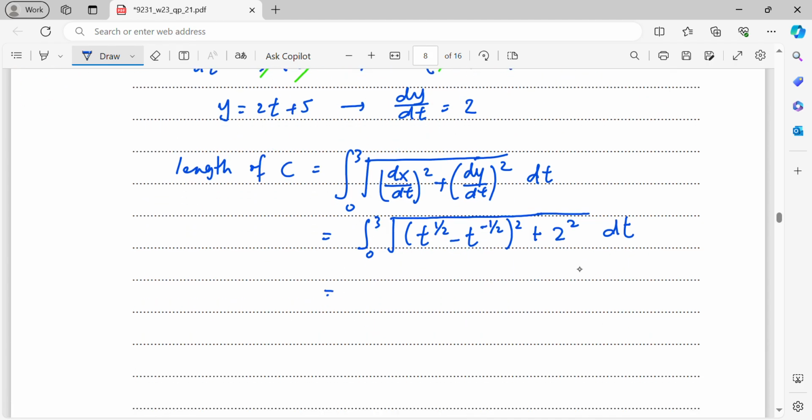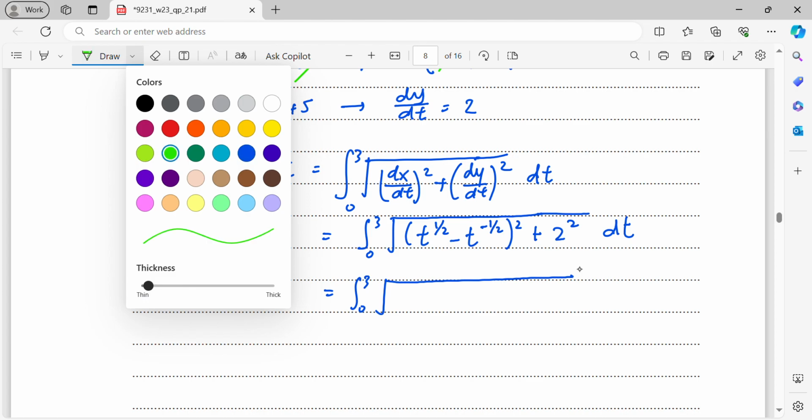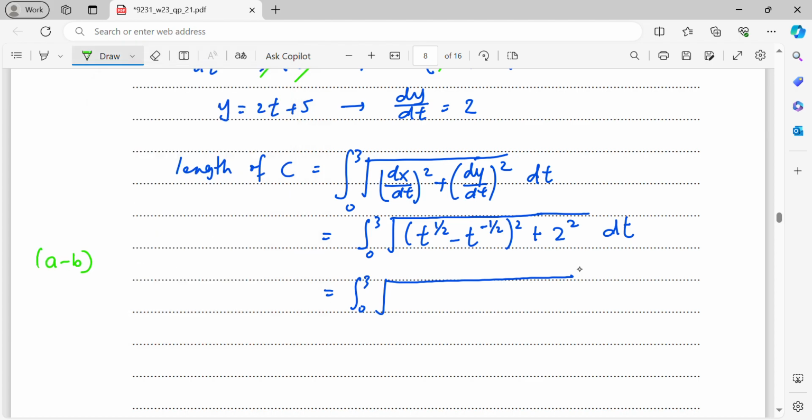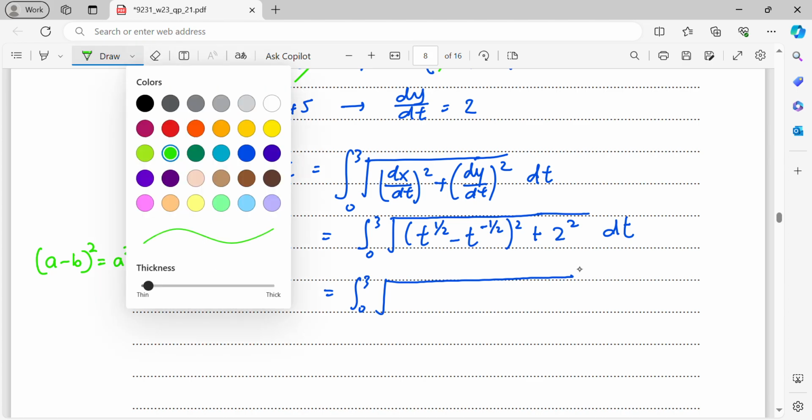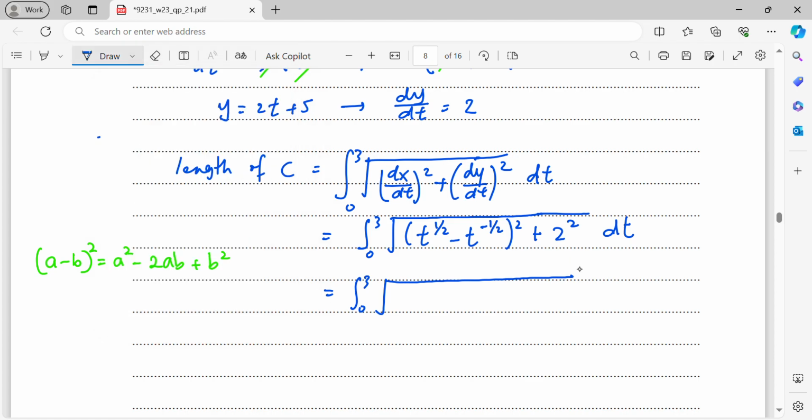Then now I simplify. For your information, (a minus b) squared is a squared minus 2ab plus b squared. So when you square t to the power half, it is t to the power 1, because our formula is a to the power m, then another degree n outside, so here will be a power mn. So 2 times half is basically 1.